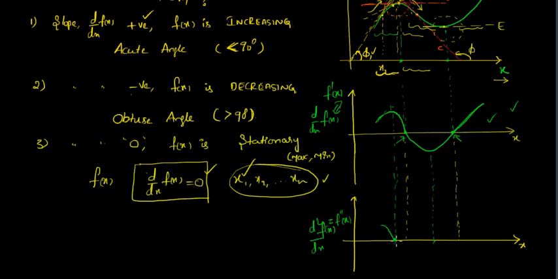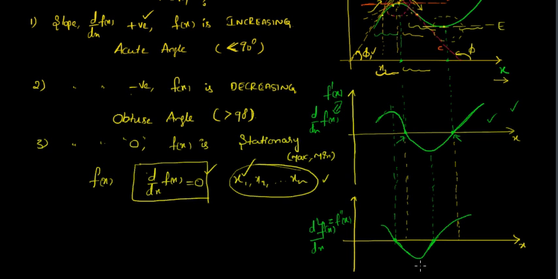Then it goes to a negative value, and the negative value decreases. Actually the magnitude decreases and meets here at 0, and it will be positive afterwards. It will be approximately like this.